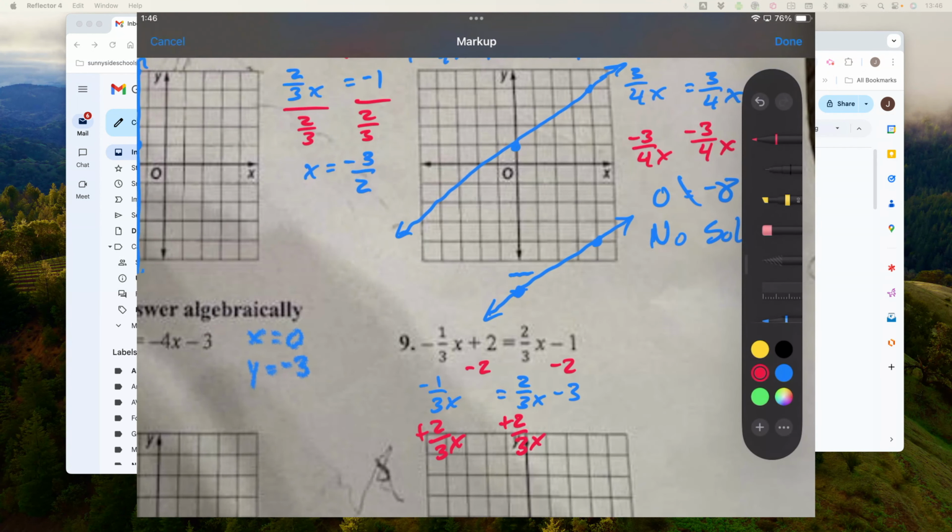You could choose to multiply everything by 3 to make the denominators go away, as you recall. And I'm sorry, that should be subtract 2/3, my bad. So we should be subtracting 2/3 x.